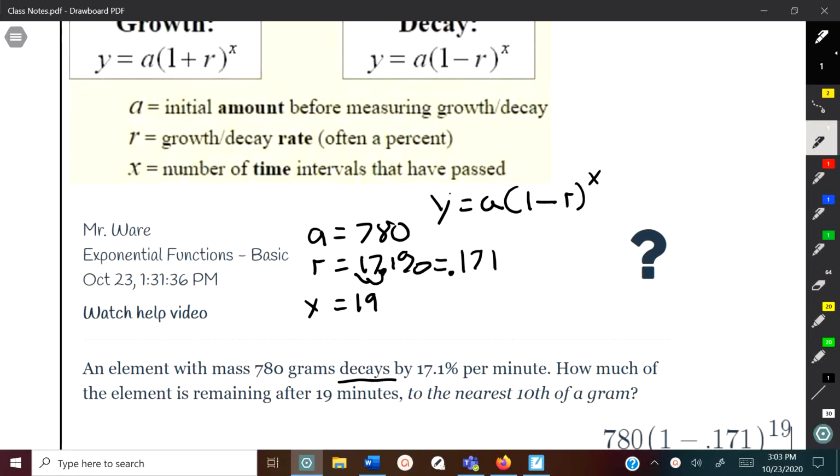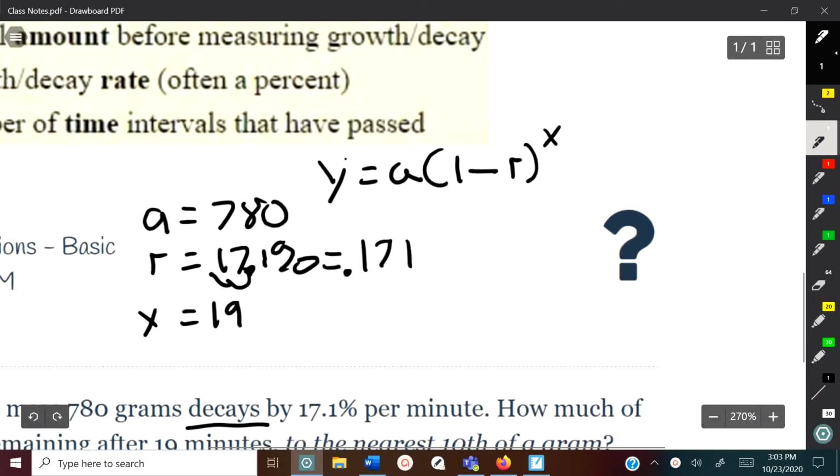Alright, so now we'll type everything into the formula. So the formula would be y is equal to a, 780 times 1 minus r, 0.171, and don't use the percent here.